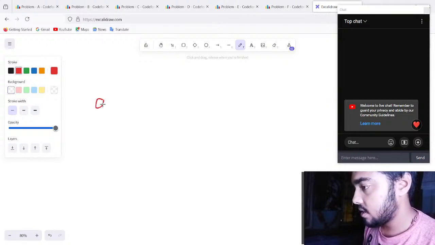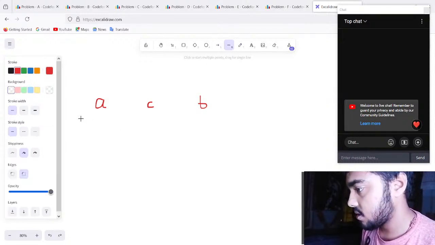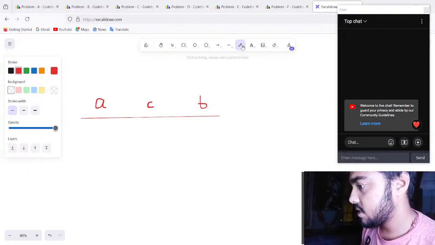So let's say we have a number A, we have a number B, and there's a number C. Let me draw a number line. On a number line, we can see that the values are going to be somewhere over here, right?